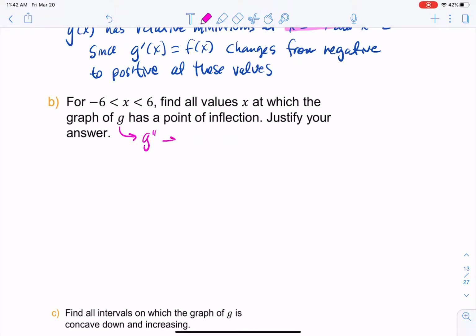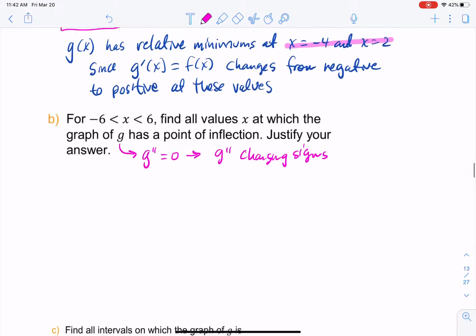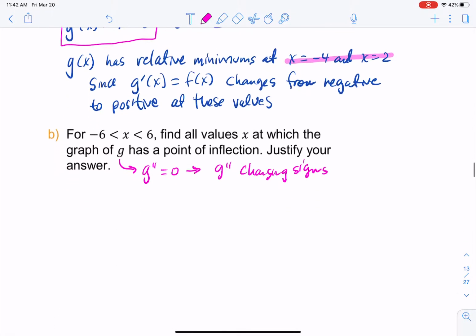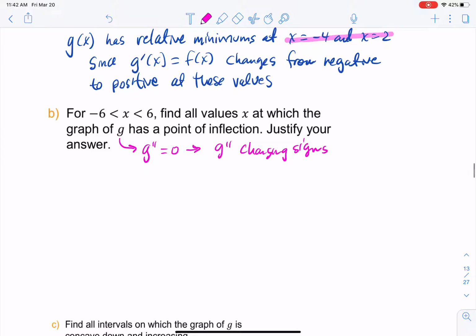Now it's not enough to say that g double prime is equal to 0. We have to have g double prime changing signs. It changes signs from positive to negative or negative to positive. We don't have to specify necessarily like we did for relative minimums, because a change in sign in the second derivative indicates a change in concavity.